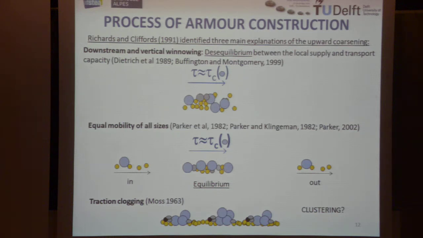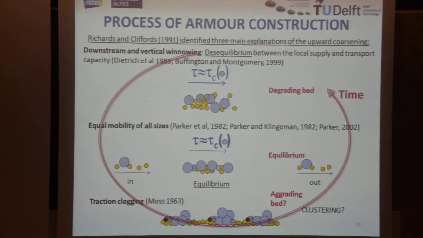So in these three mechanisms, two of them will be associated, one with a degrading local condition, the other one with an equilibrium. What I suggest is that maybe there is a place for aggradation in this process. And also we try to see if finally all these different mechanisms participate in the overall general dynamic equilibrium of the bed.